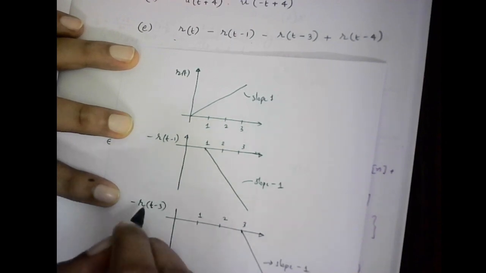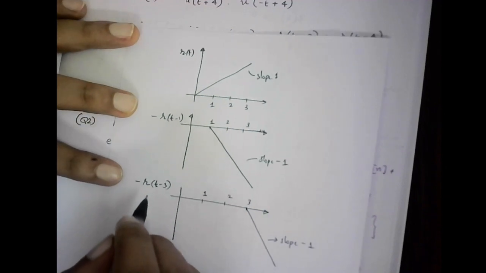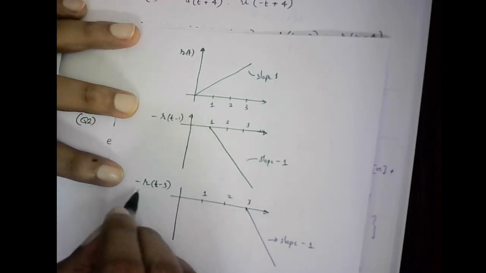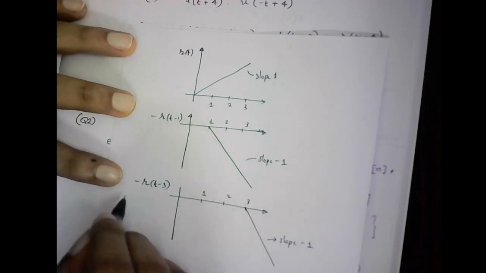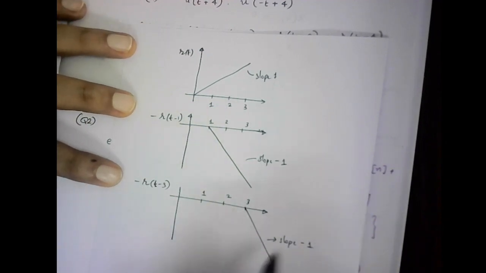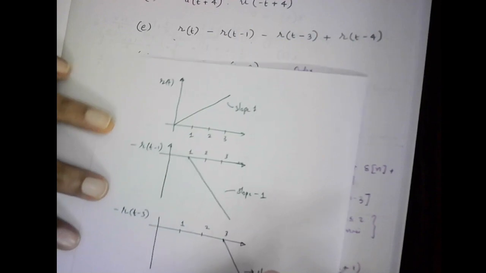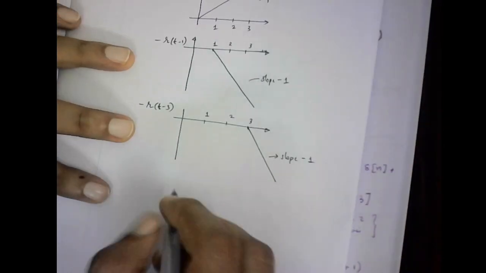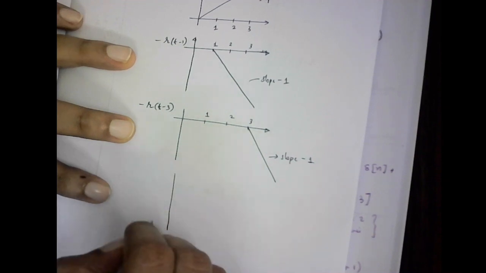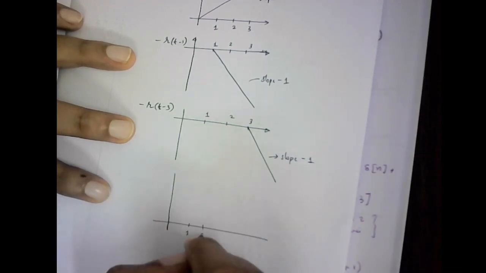So how do you obtain this? r of t minus 3 is a unit ramp signal which is delayed by 3 seconds. Since it is minus r, you need to take in the opposite direction, and slope is minus 1, which is the fourth signal. Fourth signal is r of t minus 4. Okay, so it is plus r of t minus 4. So 1, 2, 3, 4.